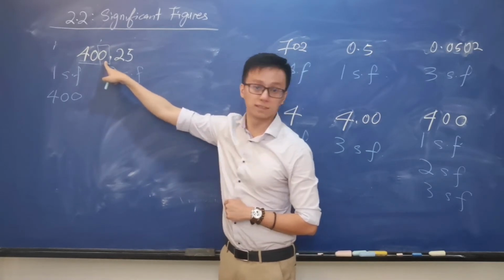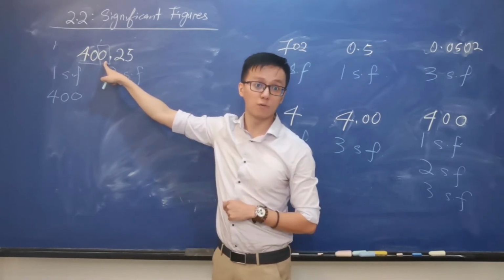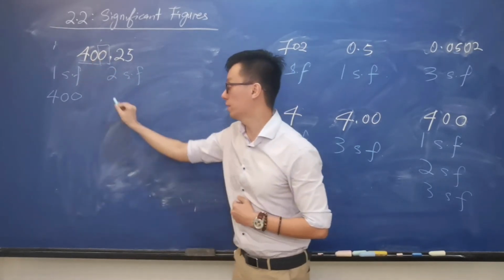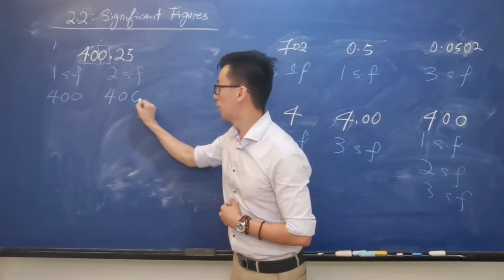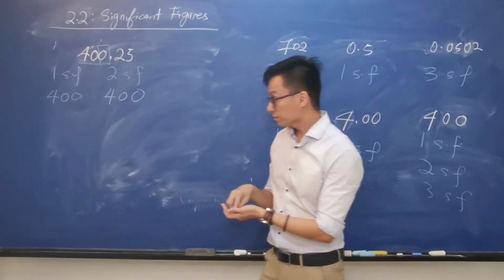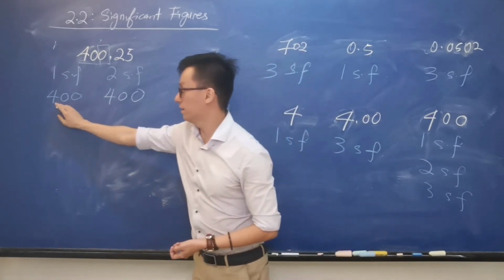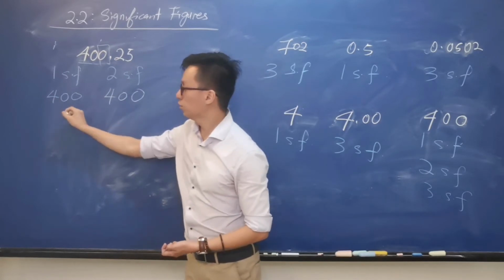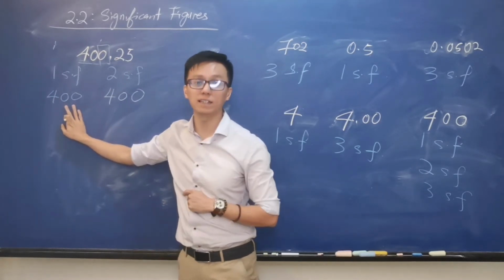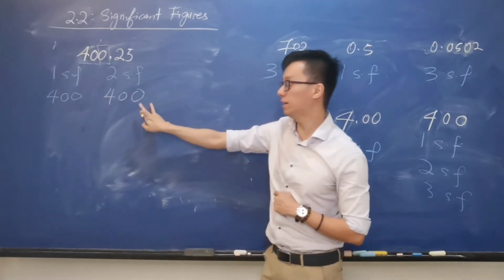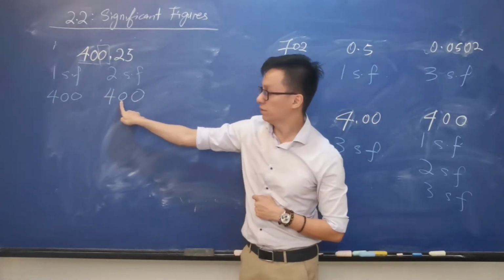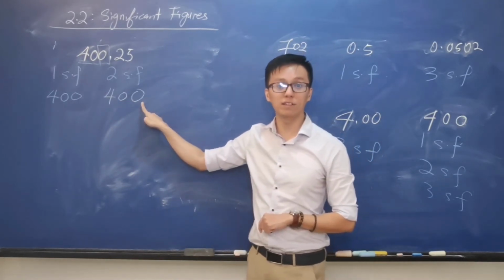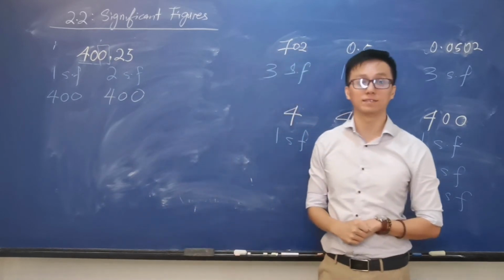This digit is 0, which is less than 5, which means that the second 0 will remain the same. So the answer will be the same, 400. However, this 400 and the previous one are a little different in significant figures. In the first one, both zeros are considered insignificant. However, in this one, the 0 in the middle is considered significant. However, this last 0 is considered insignificant.